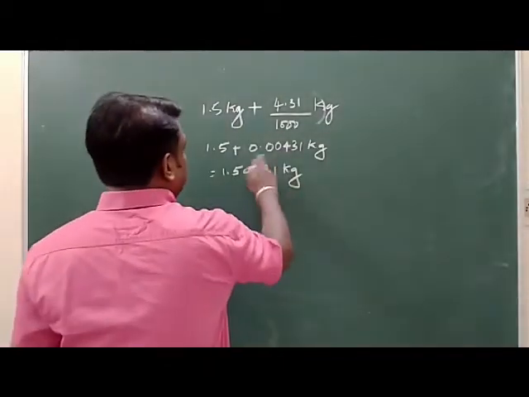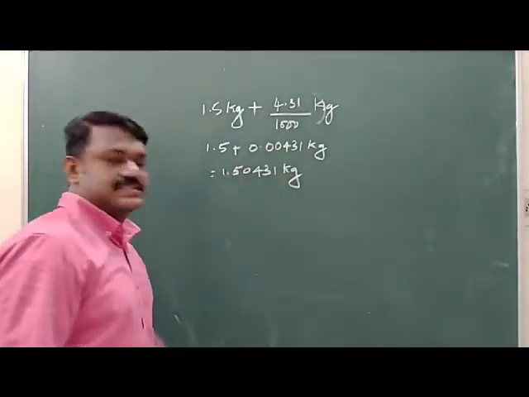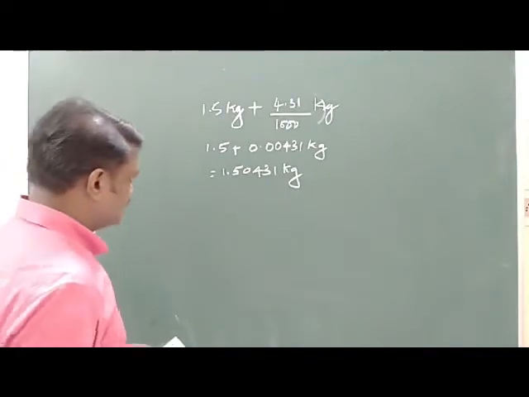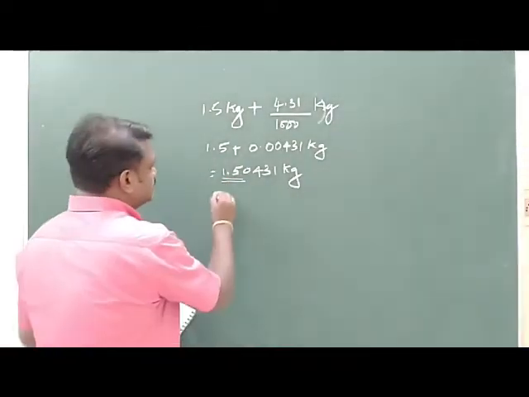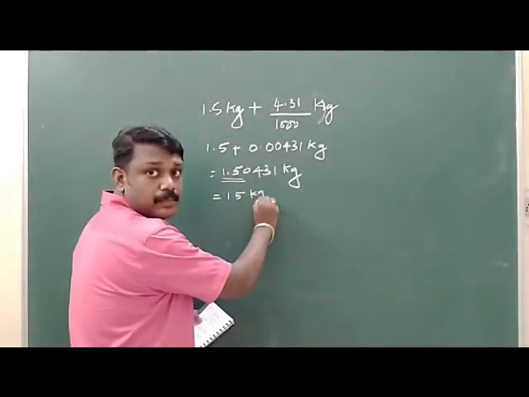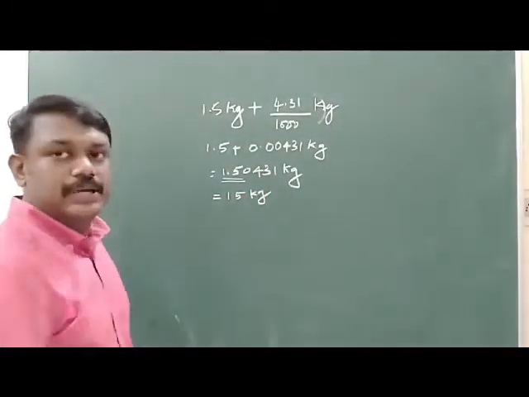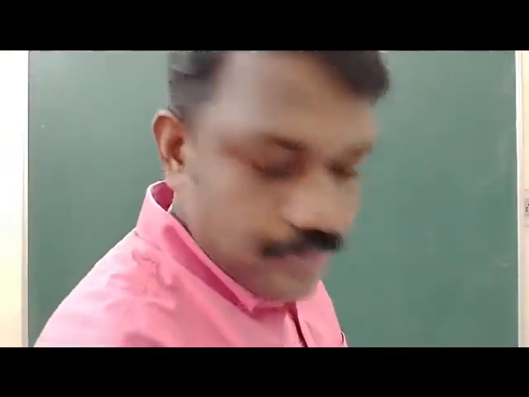See, these are the two numbers to be added. The least number of significant figures is in 1.5, that is two significant figures. So you have to take it into two significant figures. So the answer will become 1.5 kilogram.